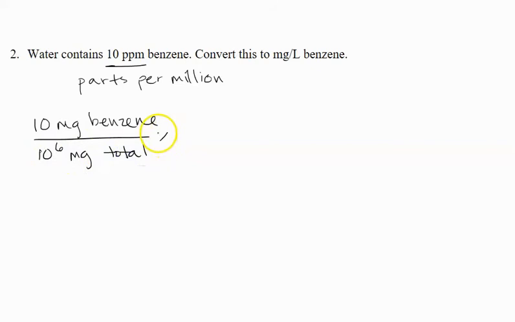And then if I look at that total, I want to eventually get this down in the denominator to be liters. So I'm going to convert that to kilograms first. We've got 10 to the 6 milligrams in a kilogram. And then I need to use a density.